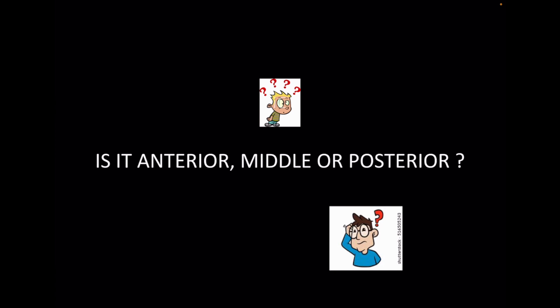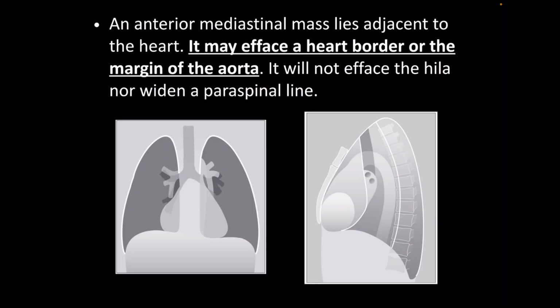Now how do you know whether a mass is in the anterior mediastinum, middle mediastinum, or posterior mediastinum? For an anterior mediastinal mass, if you remember the earlier point, the anterior mediastinum contains lymph nodes, heart, ascending aorta, as well as thymus.